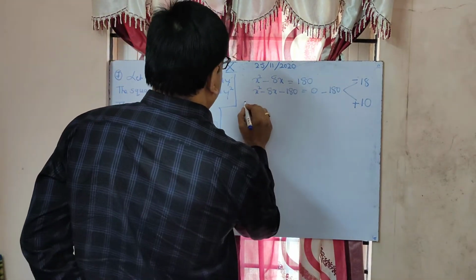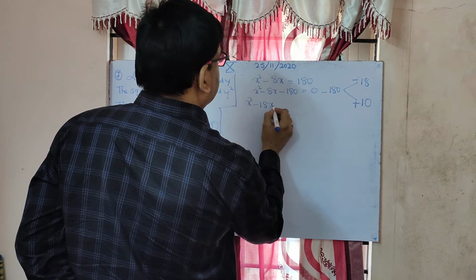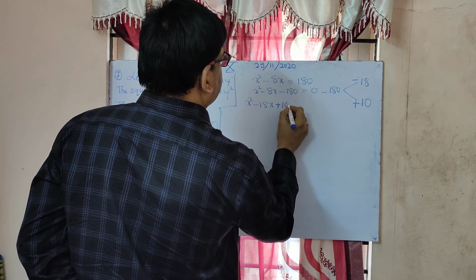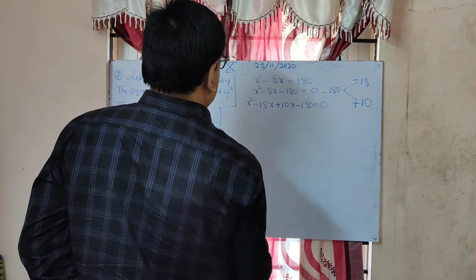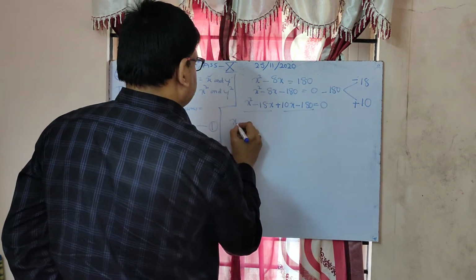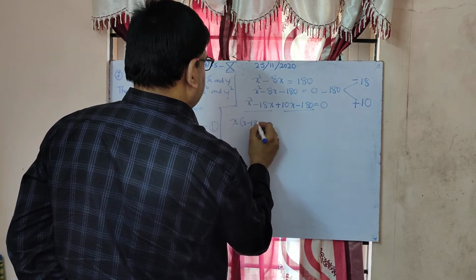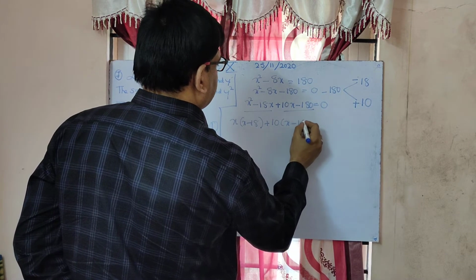That's it. So x square minus 18x plus 10x minus 180 is equal to 0. Taking common, x is common, x minus 18 is common.